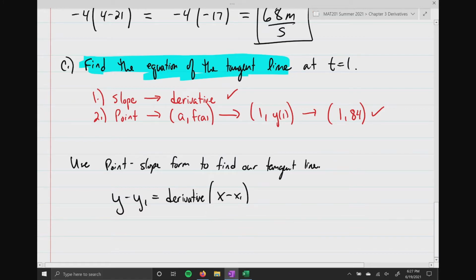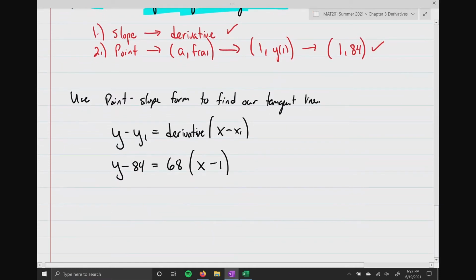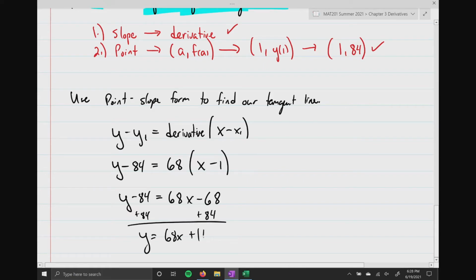So this is just y minus y1 equals our derivative times the quantity x minus x1. So we get y minus 84 equals 68 times x minus 1. That's going to give me y minus 84 equals 68x minus 68. And then just by adding 84 to both sides, I get y equals 68x plus 16. And there is our equation of the tangent line. That's a horrible looking error. Let's fix that.